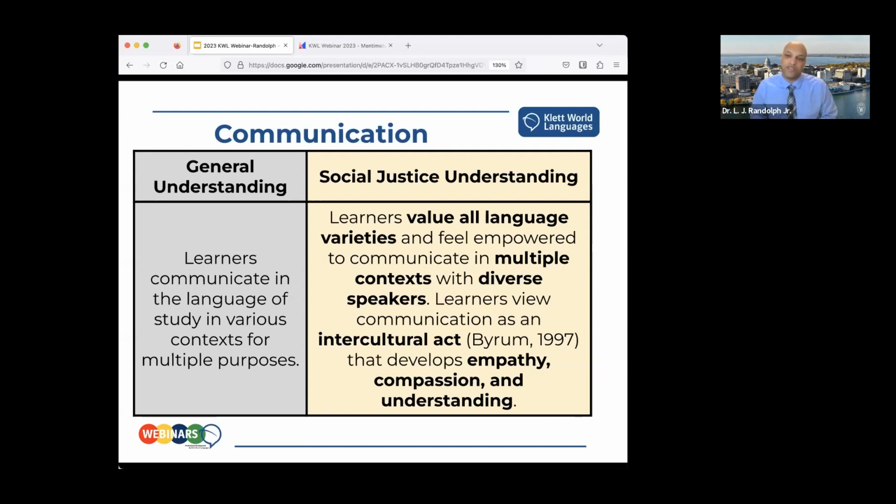So I talk about learners valuing all varieties of language, thinking about multiple contexts with diverse speakers, remembering that language is an intercultural act, as Michael Byram describes, and that it's something that can develop empathy, compassion, and understanding. I saw all of those words when we did that activity at the beginning about what social justice means.